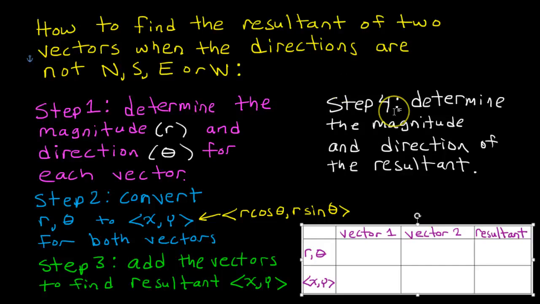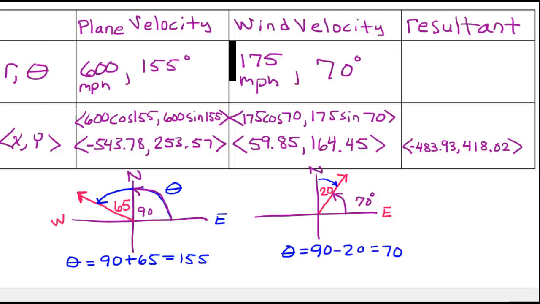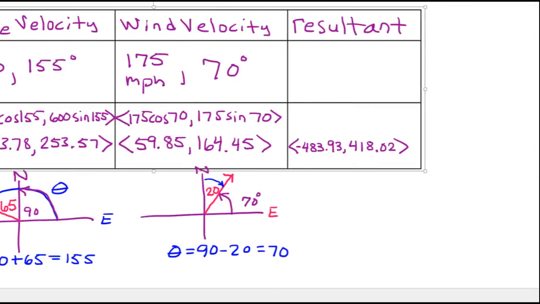Now it's time for the fourth and final step. We need to determine the magnitude and direction of the resultant, because that's what we are really being asked for. All right, so we need to take this component form and use it to find the magnitude and the direction. Let's talk magnitude.